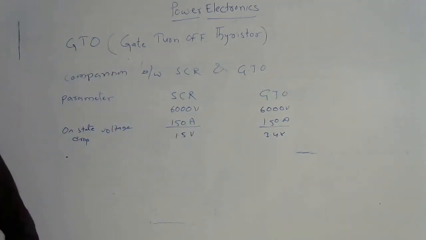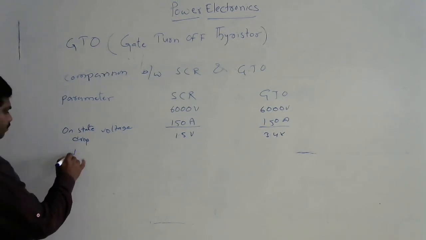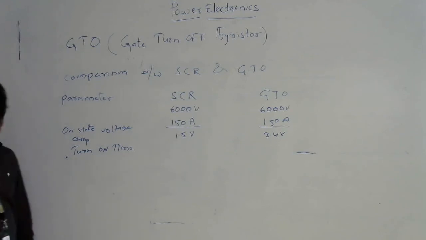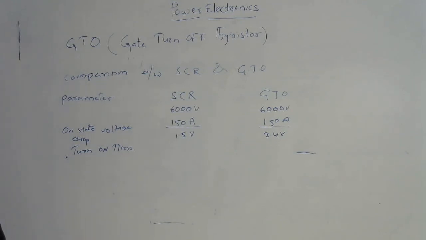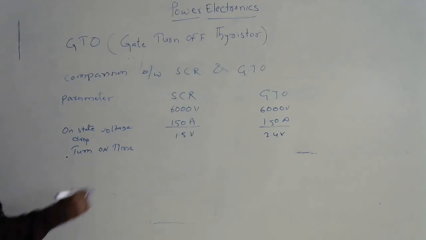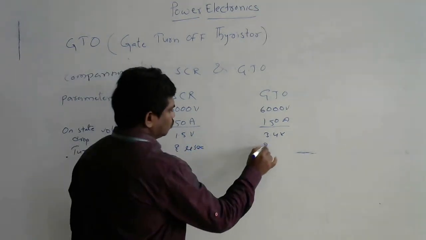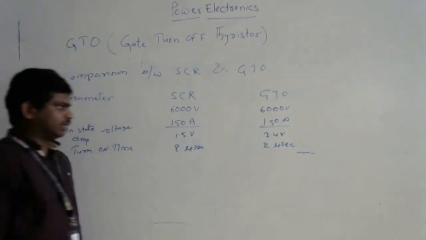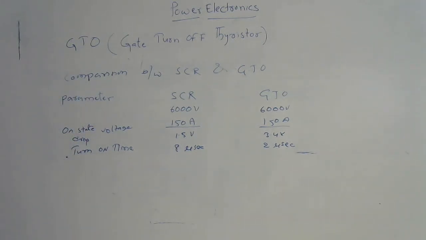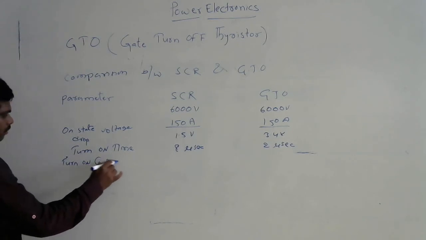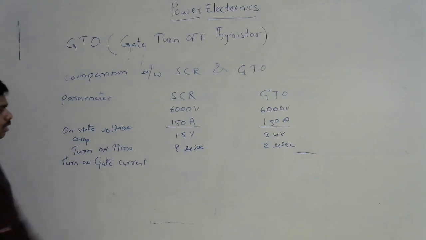Coming to the next one, turn on time. It is 8 microseconds for SCR and 2 microseconds for GTO. Next, turn on gate current.